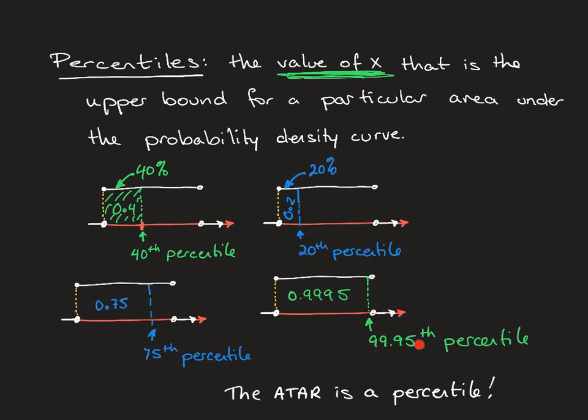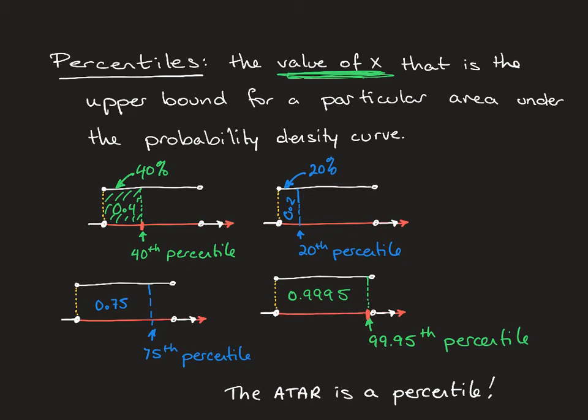99.95? Well, this is literally where they get your ATAR score from. So your ATAR score of 99.95 means that 99.95% of all the other x values, so this is the x value here, are lower than you.